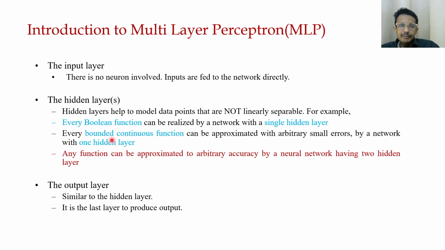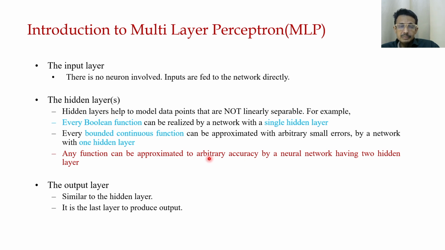Every bounded continuous function can be approximated with arbitrarily small error by a network with one hidden layer. With two hidden layers, any function can be approximated to arbitrary accuracy.